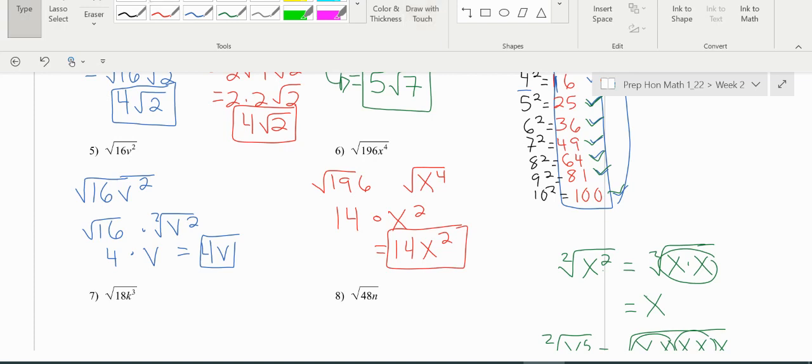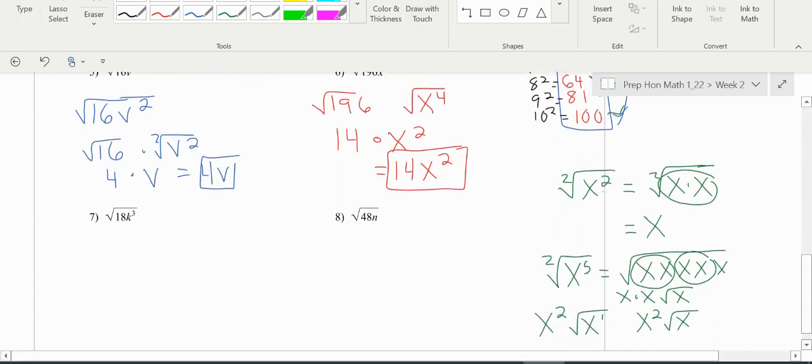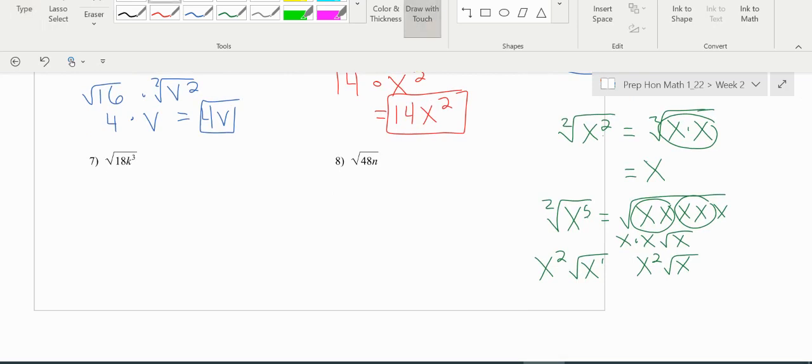For the bottom 2, kind of the same thing. It just so happens they're not perfect squares, but we're going to approach it the same way. So the square root of 18 times the square root of k cubed. 18, the largest perfect square is 9, and then it's 9 and 2.